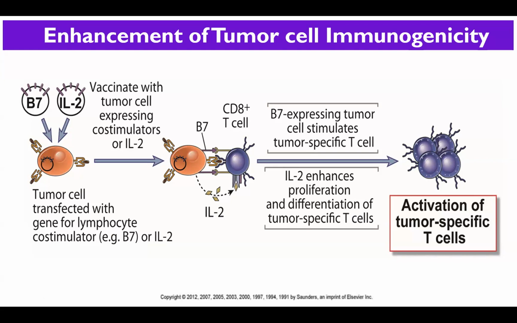What they showed is that, to some degree, that transfected cell can present some tumor-derived peptides. And with the presence of B7 and secretion of IL-2, they had some success in driving generation of tumor-specific CD8 T cell responses.